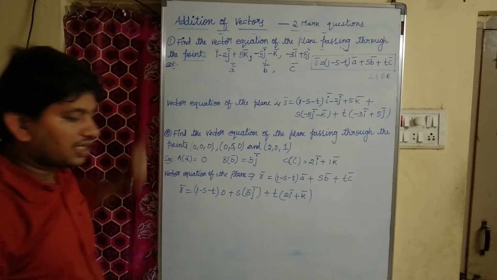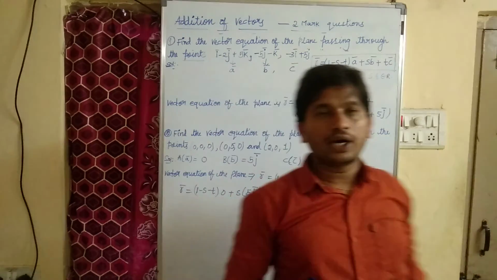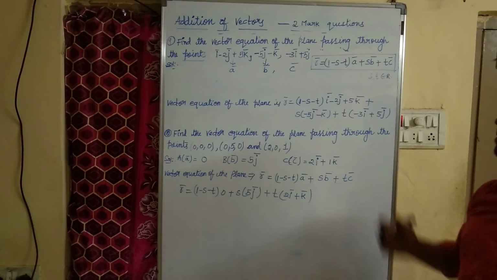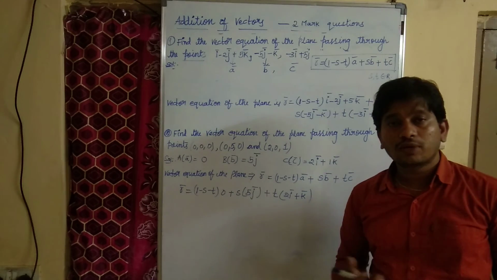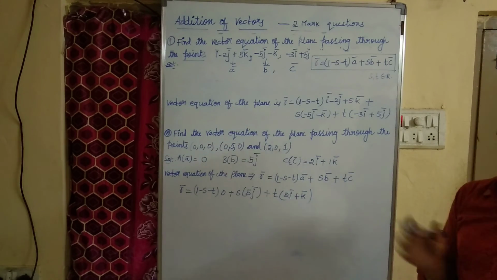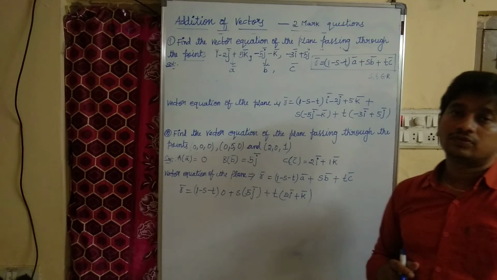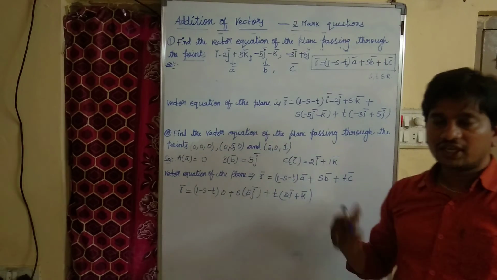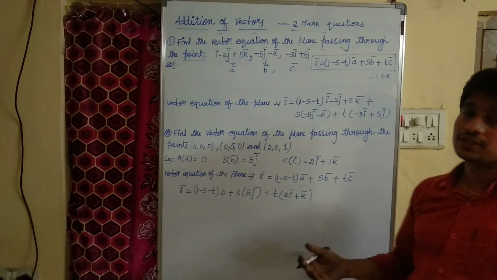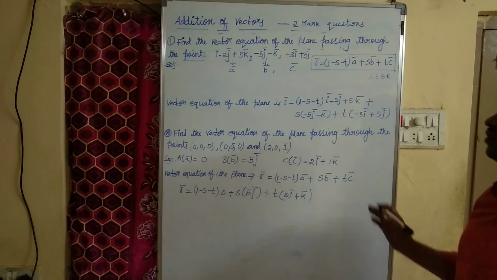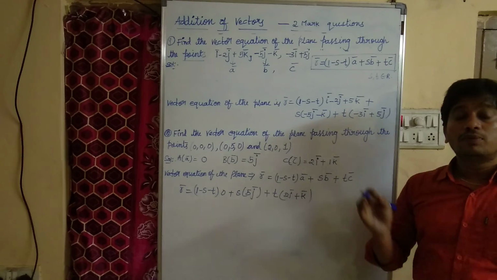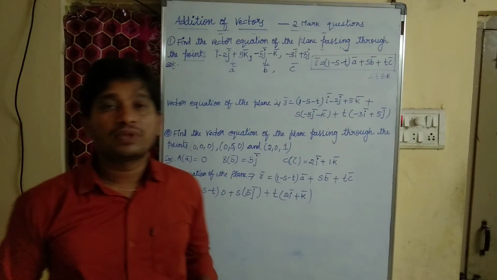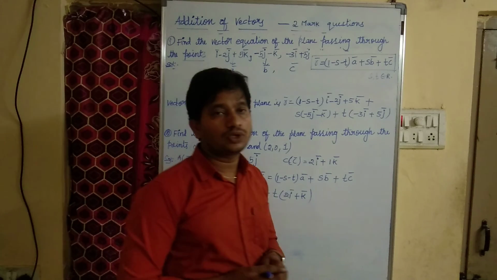So these are the formulas we have to practice continuously, then only we can remember them: the vector equation of a line passing through a point and parallel to a given vector, the vector equation of a line passing through 2 points, and the vector equation of a plane passing through 3 points. These are the most important 2 mark questions which they are asking in previous year public examination questions.